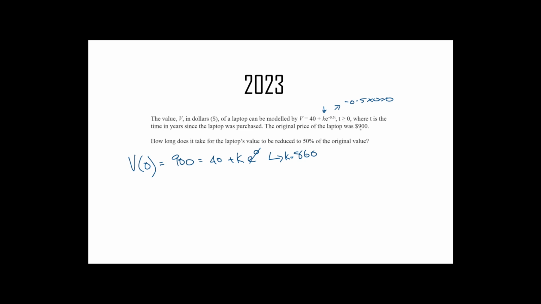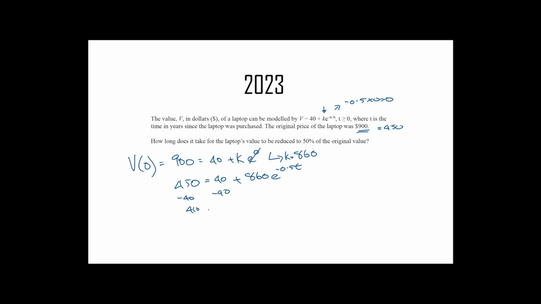Half the value, 50% of the value, would be $450, wouldn't it? So we're going to set the value equal to 450 and then solve for t. 450 equals 40 plus 860 e to the negative 0.5 t. Let's take the 40 away from both sides.